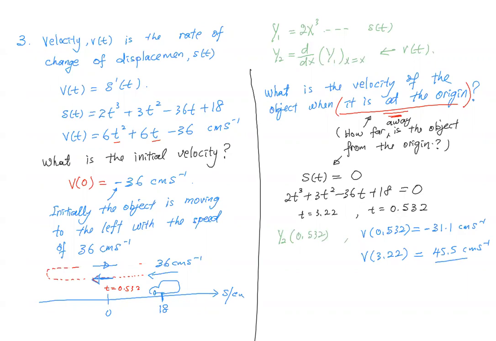So you must know how to interpret a lot of terms here. As we move along, we will learn. So now you understand the velocity. Okay, stop moving means velocity equal to 0. If I ask the question, when is the object stop moving?